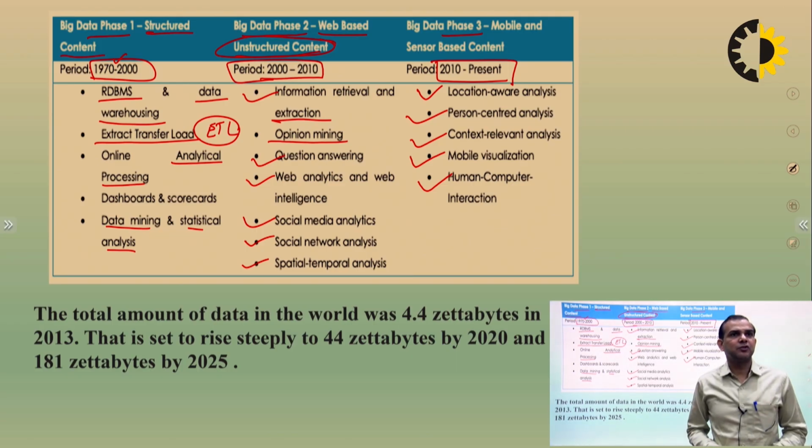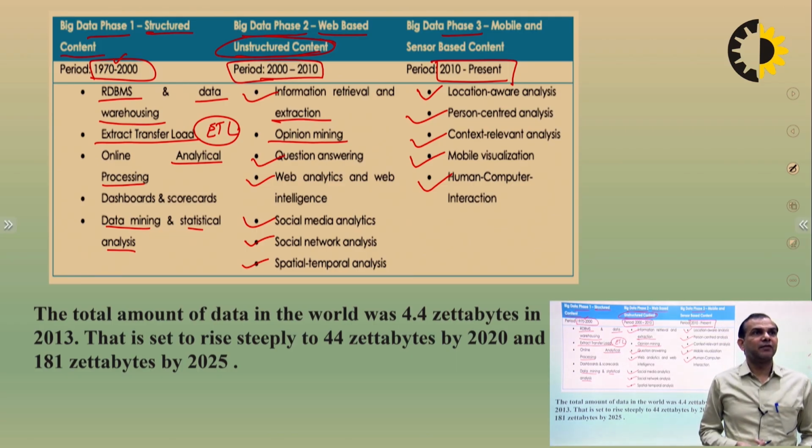So in phase 2 we consider web based, and when we are using web based, it will not be a similar type of data, it will be different types of data. So we define here web based unstructured data. And in phase 3, again it will grow. We are using mobile phones, smartphones. We are using some sensor based content.